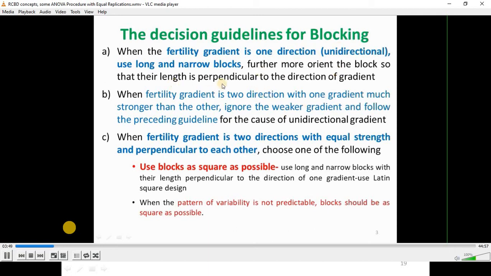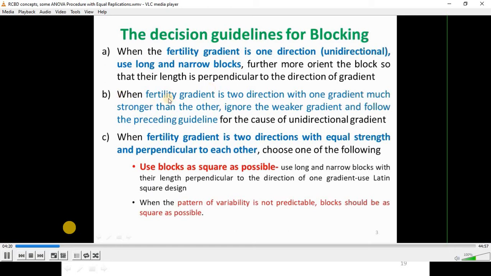If the fertility gradient goes horizontally, it needs vertical blocking. Whereas if the fertility gradient goes downward, in the vertical direction, blocking shall be horizontal, and it's better to use long and narrow blocks.